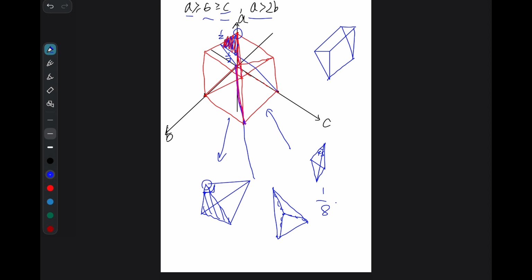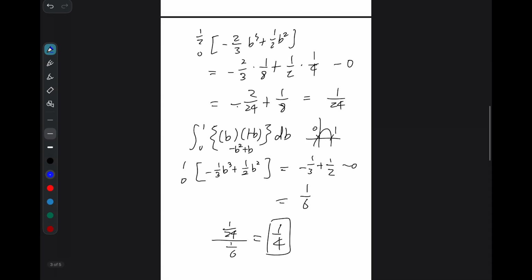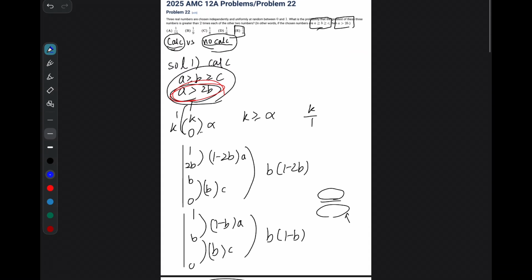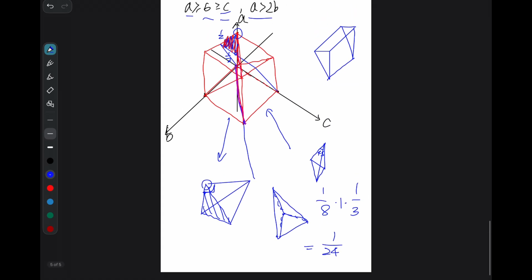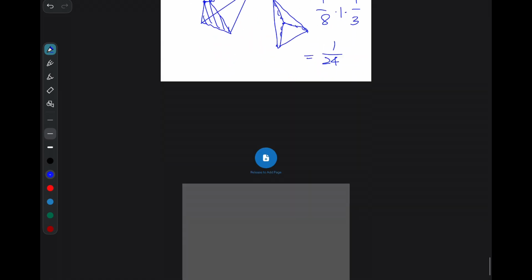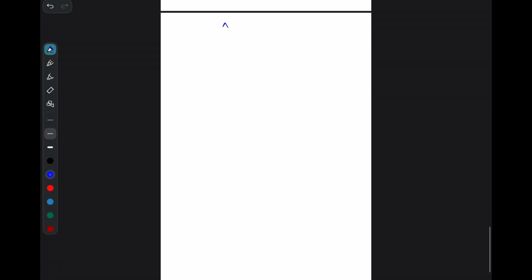And now we need to multiply 1 divided by 3. Therefore, it is 1 over 24. Now, again, I said this before, but we're calculating the probability where A, B, C in order is given. So now we need to figure out the area of A, B, C in order.